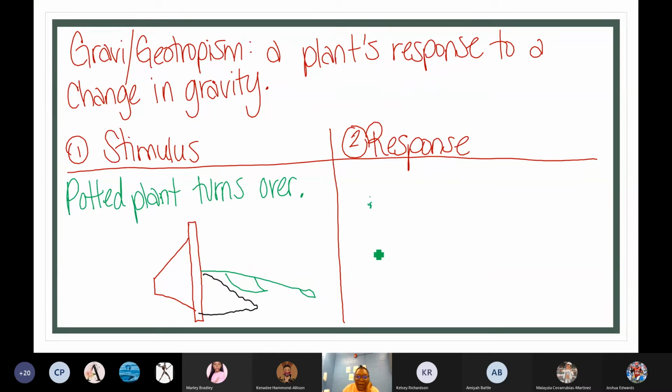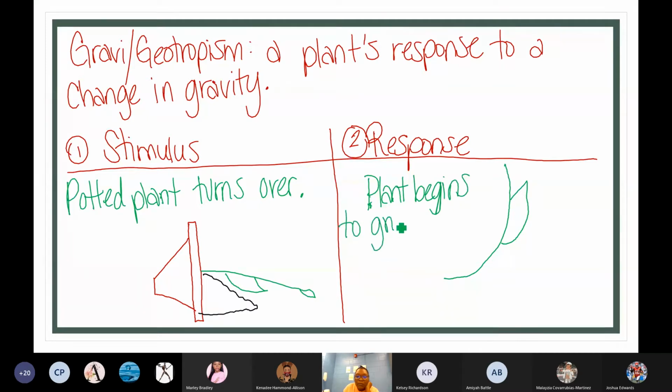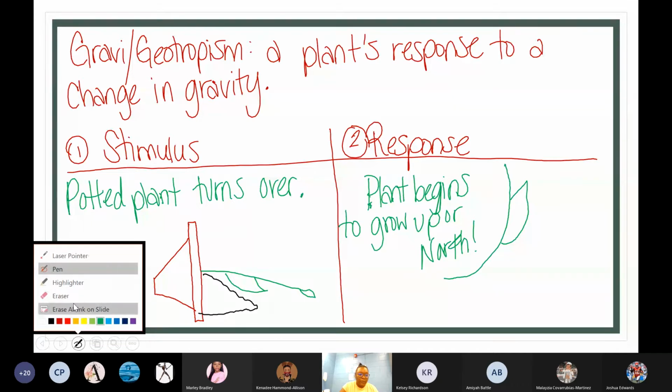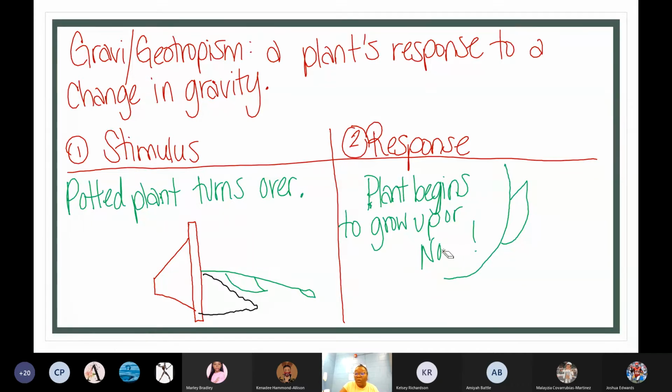That plant will respond by beginning to grow upward. That plant responds by beginning to grow up.